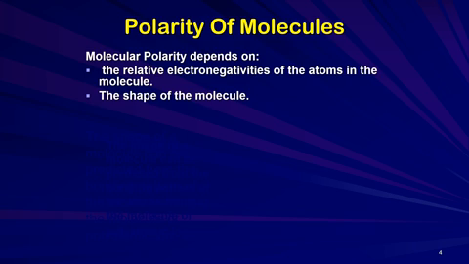And if the bonds are polar and the partial charges on each pole are separated, we get dipole moments. And then with a particular shape, the dipole moments may cancel out to give a nonpolar molecule, or they may not to give a polar molecule.